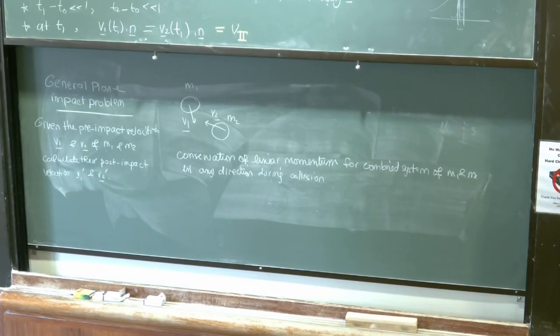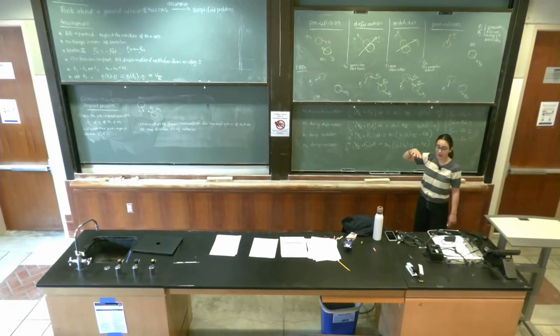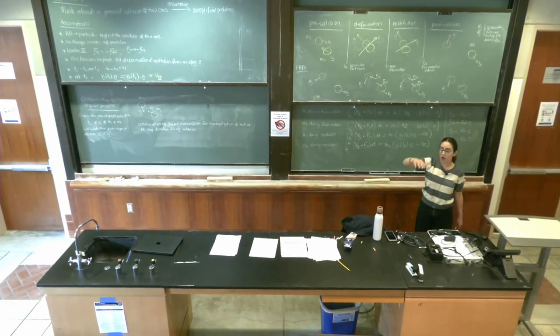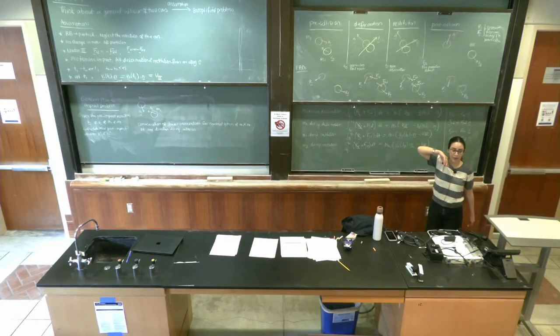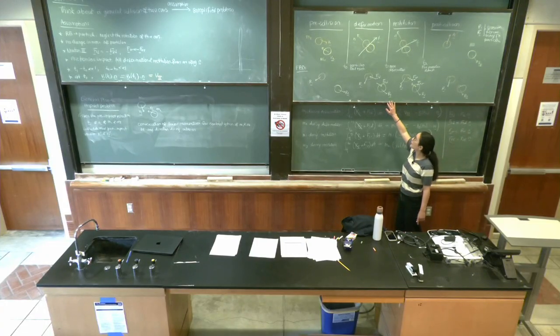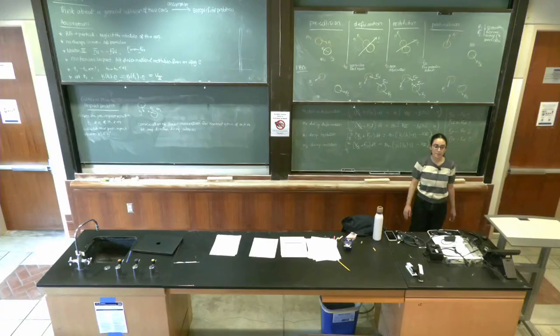Now, if I consider the combined system of the two, what happens to the deformation and restitution forces? They cancel out, right? Because of Newton's third law, they're equal and opposite. So during deformation and restitution, the impact forces are going to cancel out. And we made the assumption that the impulse of the smooth forces is also going to be 0.